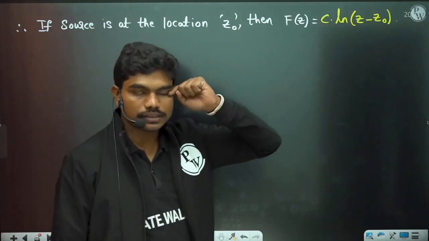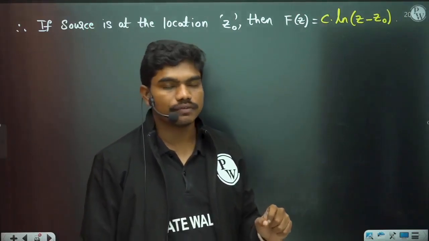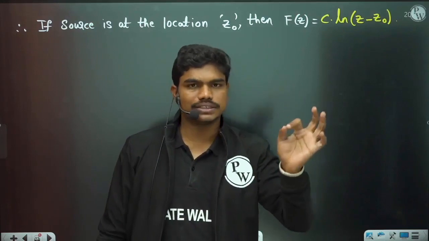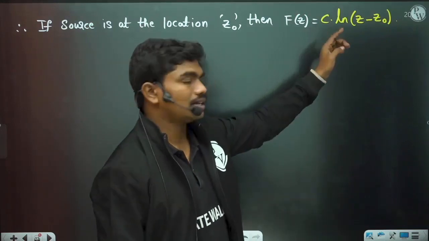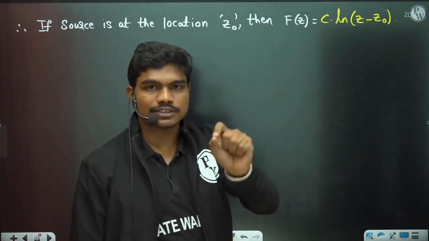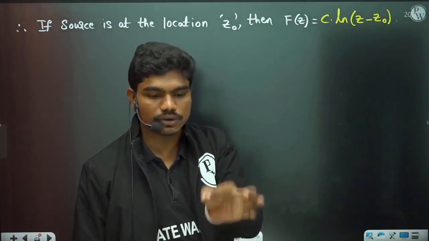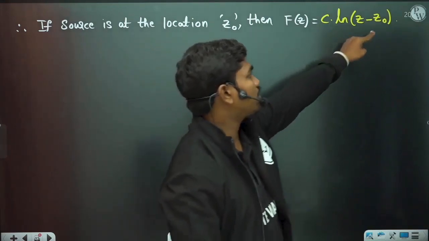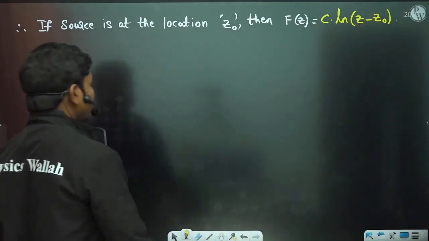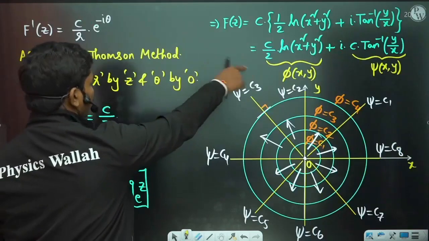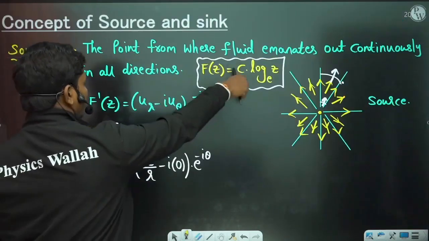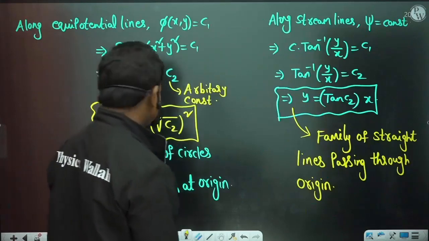This is the general equation for the complex potential function whenever the source is at some location z0. If z0 is the origin, meaning if x0, y0 values are 0, 0, meaning the source is kept at the origin, then z0 is 0, and you'll get c times ln z, which I have written here. Okay, clear? So this is the equation.